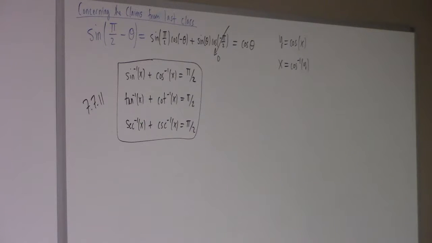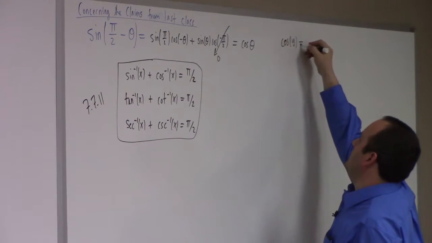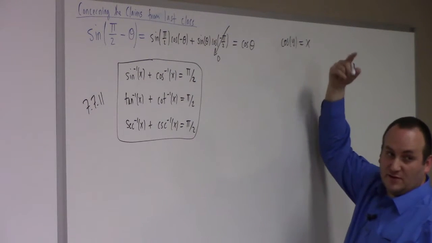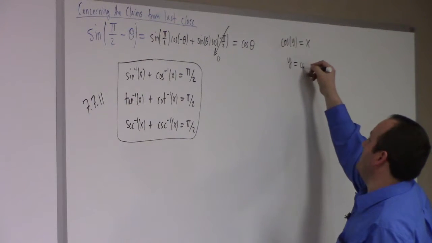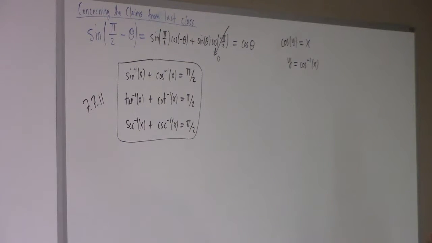He says cosine of y is equal to x. I got it flipped around. Cosine of y is equal to x. All right. I don't want to use different letters as to confuse you when you look at the book. All right, so I'm following the book. So y is equal to cosine inverse of x. Right? But what else do we get to say?